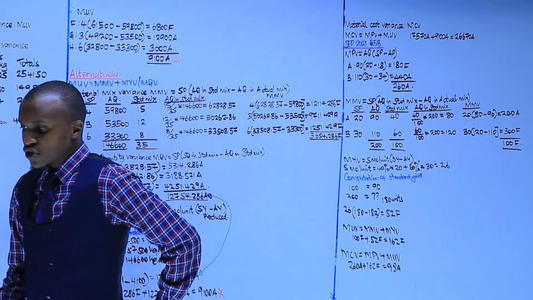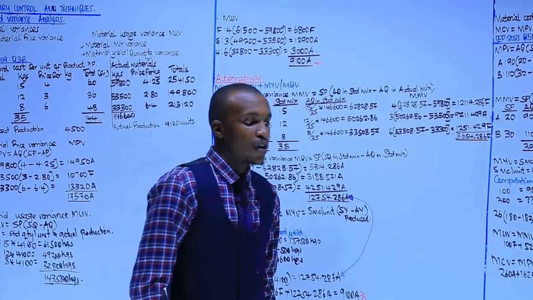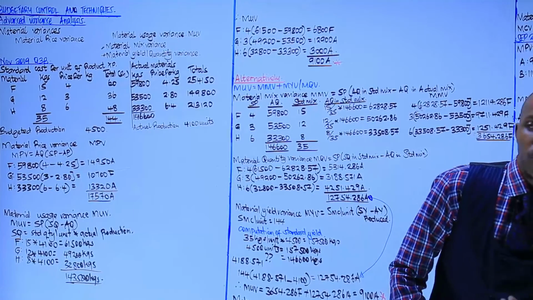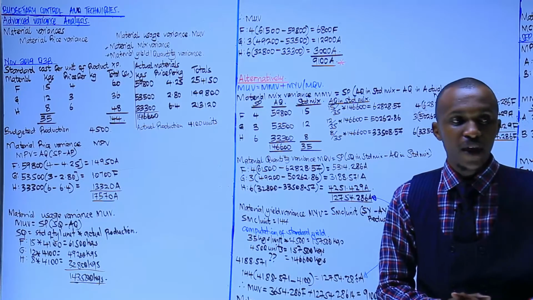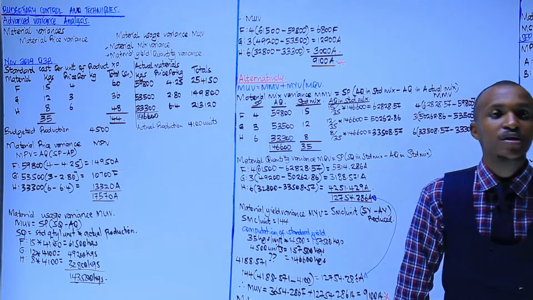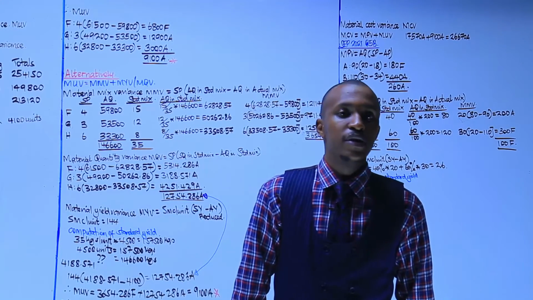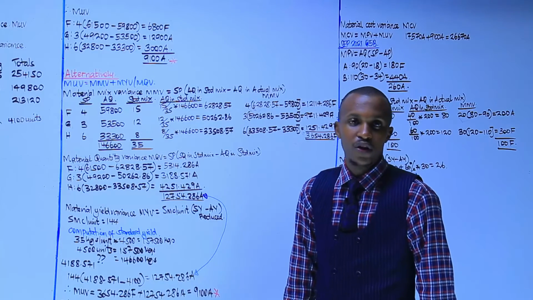Now that we have understood the advanced variances of material, we also should look at the advanced variances of labor, the advanced variances of fixed overheads, and also the advanced variances of sales revenue.